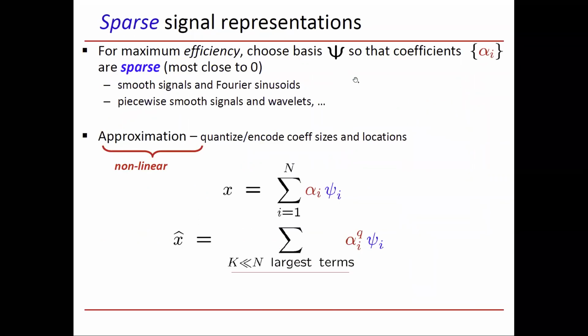But the key here is that oftentimes for many types of signals, many of these coefficients are close to zero. And that brings up the concept of sparsity. For maximum efficiency, we want to choose a basis such that most of these coefficients are going to be close to zero, and just a few of them are going to be large.